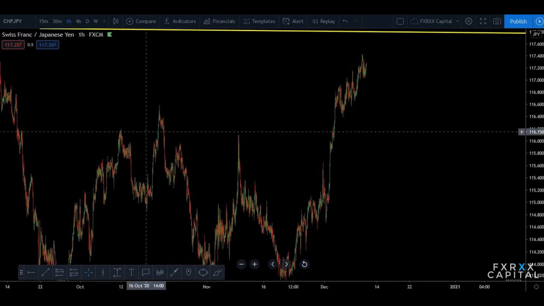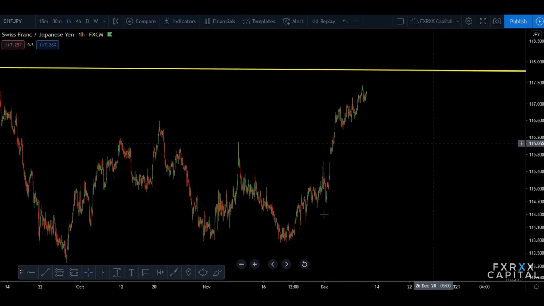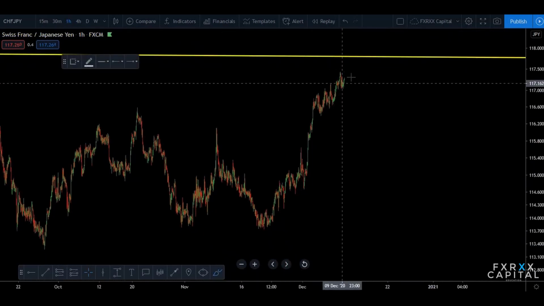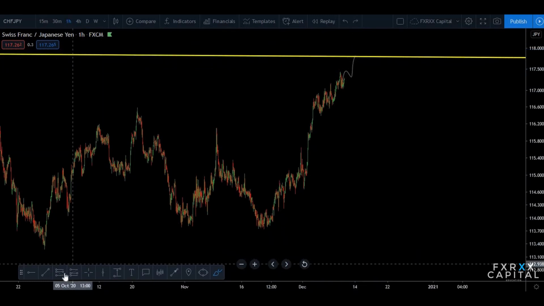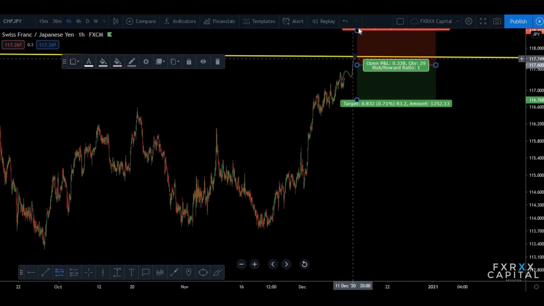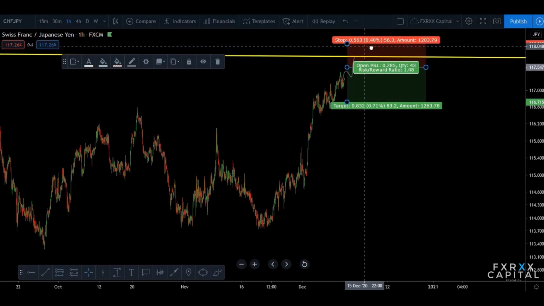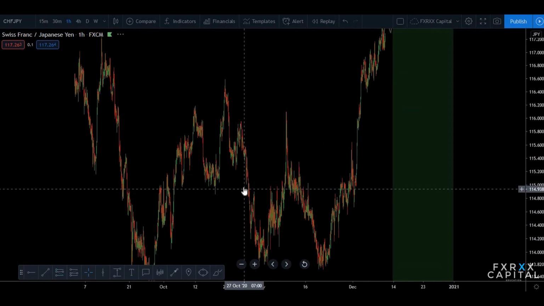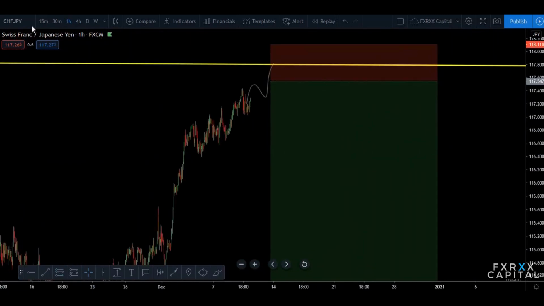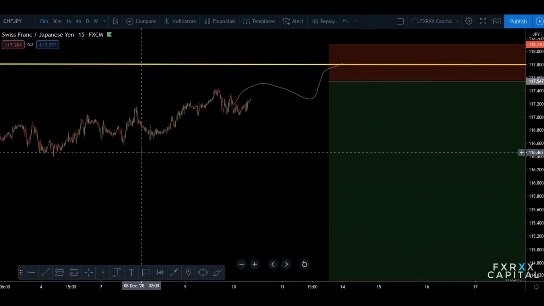Next we move to CHF Japanese Yen. CHF Japanese Yen, what I'm looking for is price approaching this area. So I will set the entry from here. If we want to see what the price is developing now, we can move to 15 minutes.